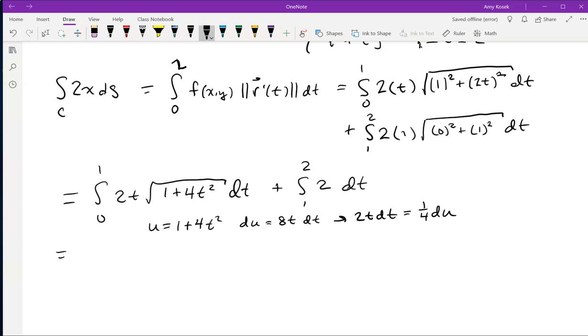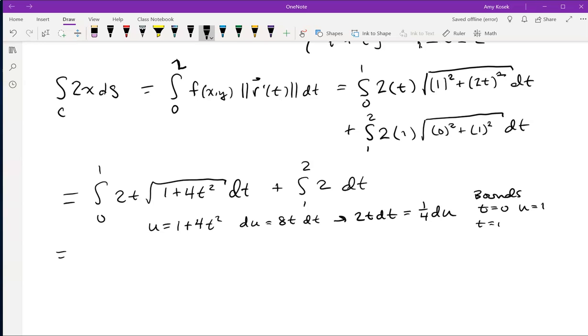You could also solve all the way for t dt, and then the 2 divided by 8 would be 1/4 inside the integral. Let's also find the bounds. So when t was 0, u, which is 1 plus 4t squared, will be 1.